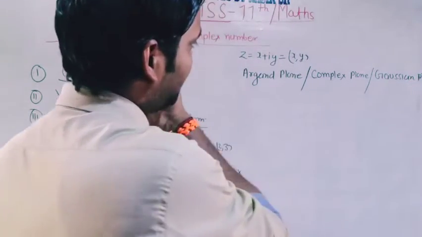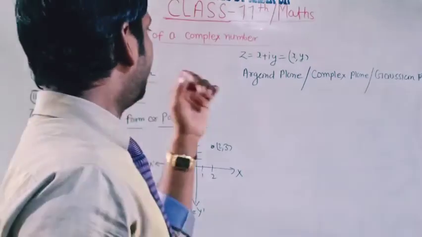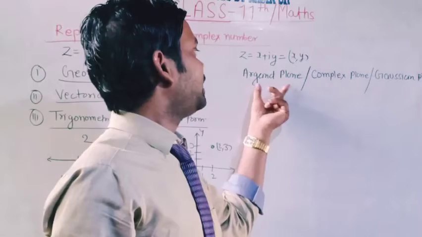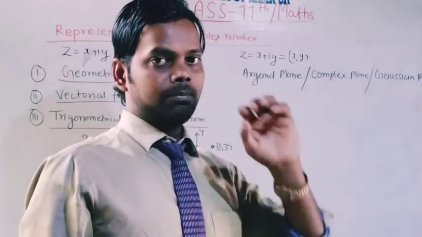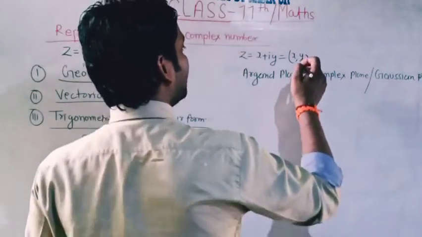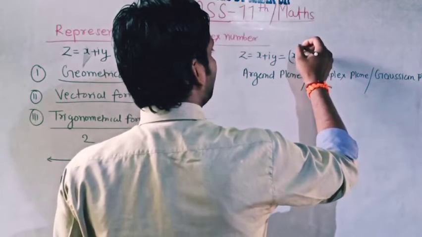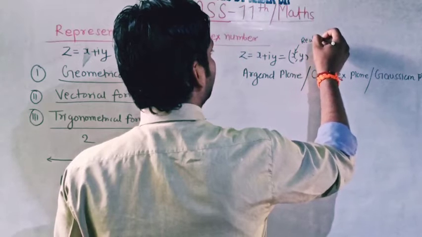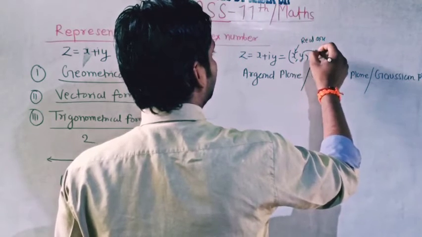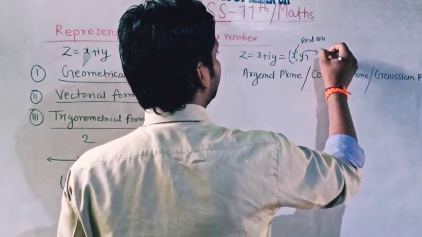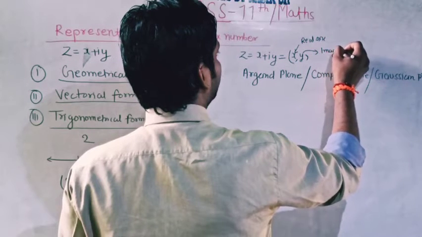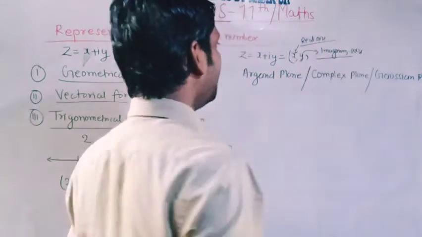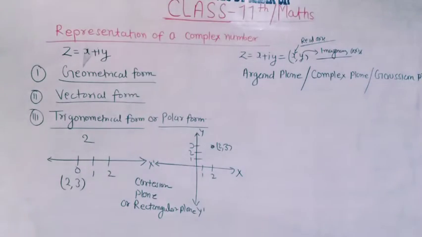So the plane in which a complex number can be represented is called the Argand plane, complex plane or Gaussian plane. Okay, and in it the horizontal axis is called the real axis, and the vertical axis is called the imaginary axis.